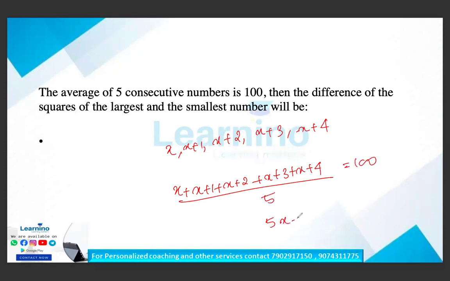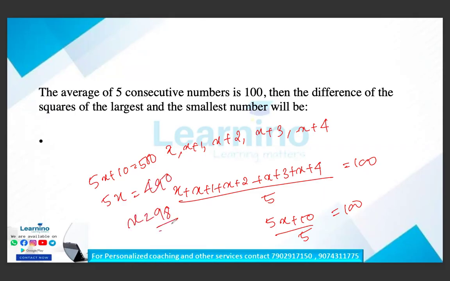So 5x plus 10 divided by 5 is 100. So 5x plus 10 equals 500, 5x equals 490, x equals 98.